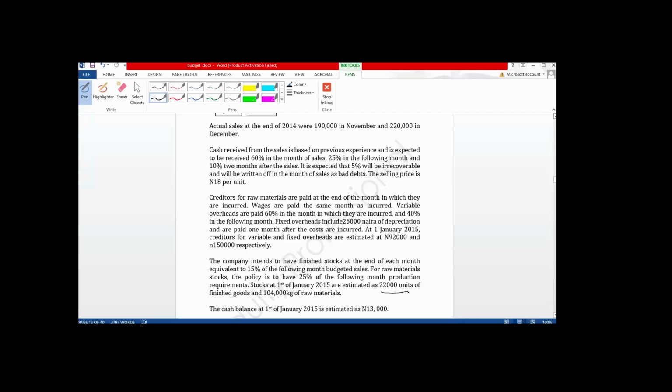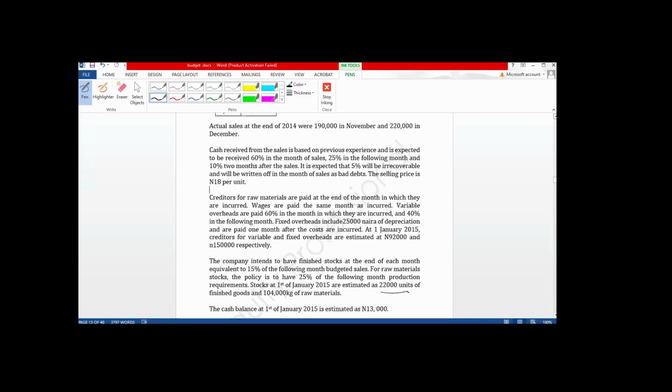If you make sales, look at the collection, and it's expected to be received 60% in the month of sales, 25% in the following month, and 10% 2 months later.